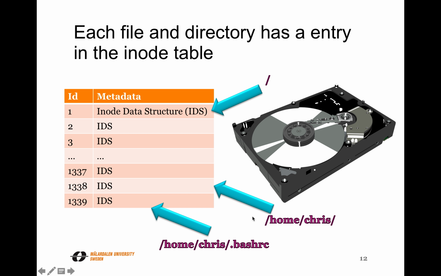But the /home/Chris in this case is 1338. So this index node stores information regarding this directory. And this is a file, and it has index node 1339. So this index node contains data about this specific file.